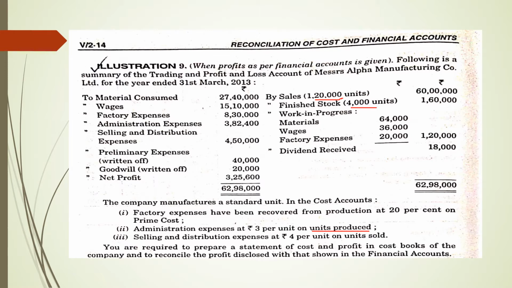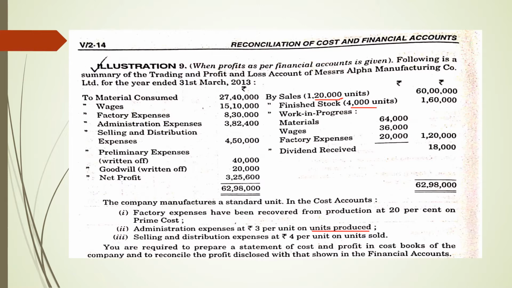How to calculate it? Sales plus closing stock. That means sales 1,20,000 plus 4,000 closing stock. The total becomes 1,24,000, the total production incurred in the factory.